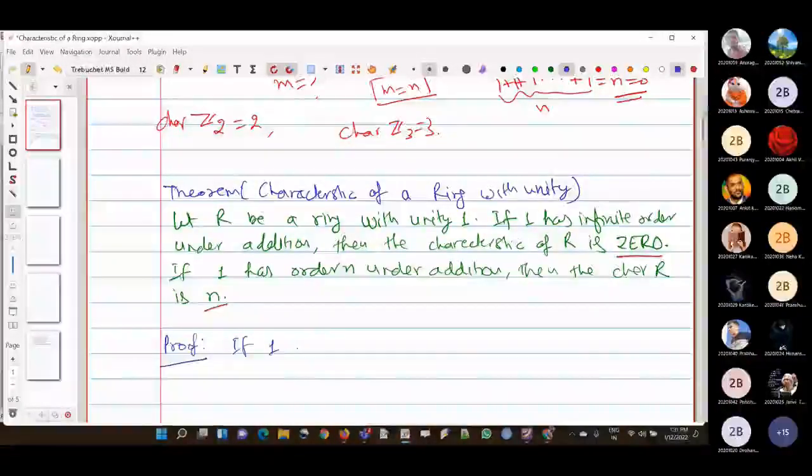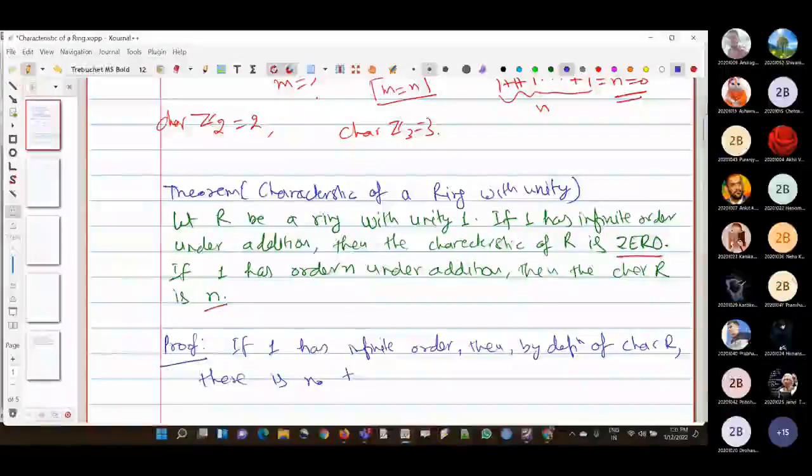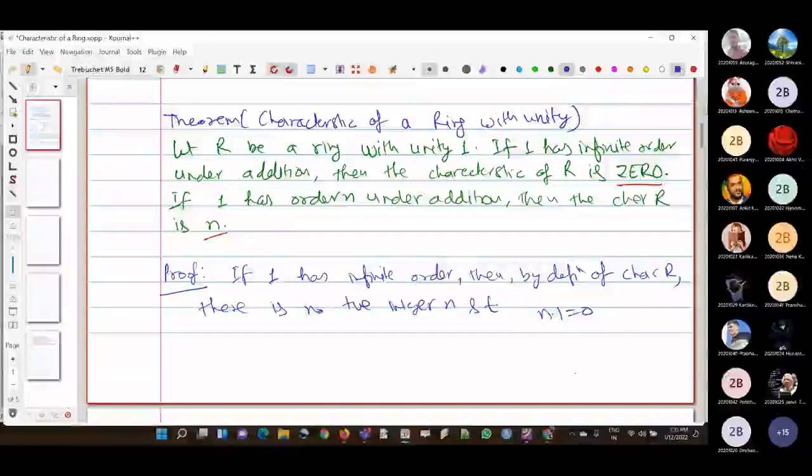If 1 has infinite order, then by definition of characteristic of R, there is no positive integer n such that n times 1 equals 0.